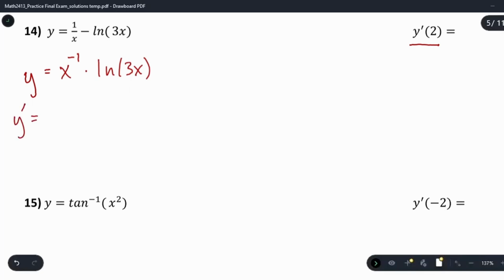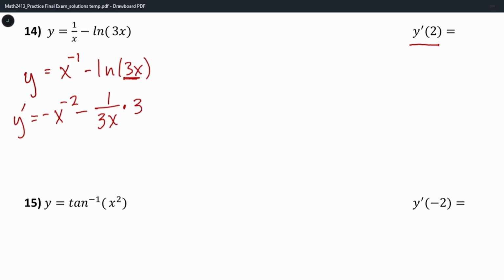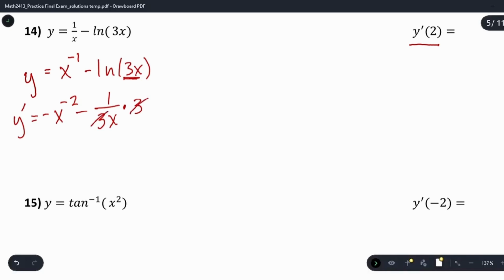So now we can say the derivative of x to the negative 1 is negative 1 x to the negative 2, minus the derivative of natural log, which is 1 over x, but that's if the thing you're taking the natural log of is just x. So since this is 3x, that's going to be 1 over 3x multiplied by the derivative of the stuff inside using the chain rule. And then these 3's will reduce out.